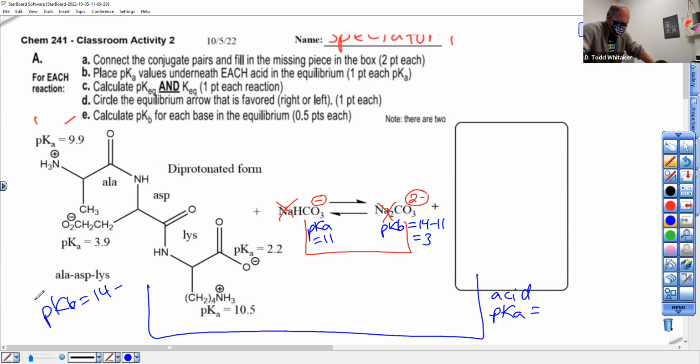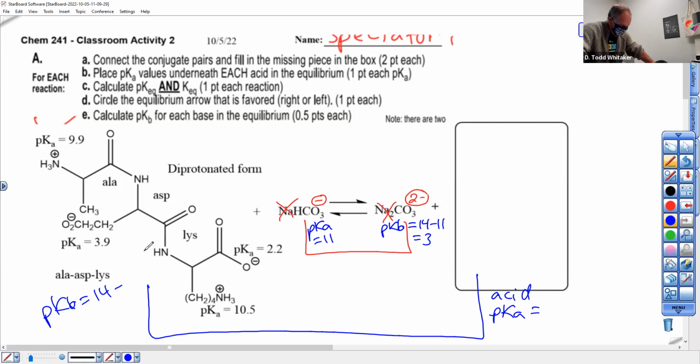The question now is, which of the two sites that lost a proton will get a proton back first? I'll give you a reworked version of that question. Will a pKb of 10.1 react ahead of or behind a pKb of 11.8?